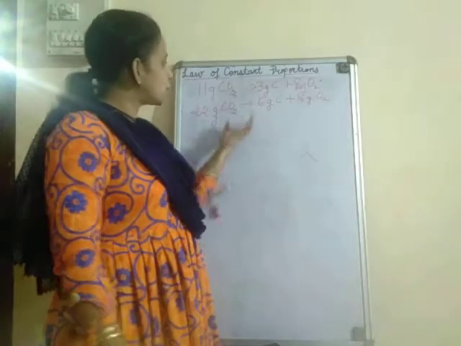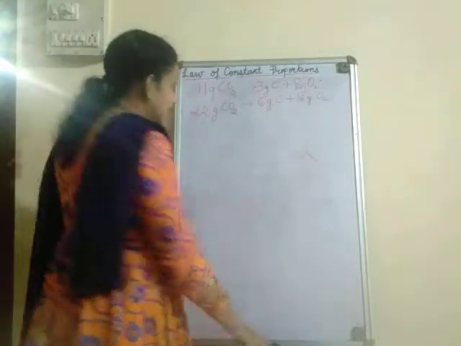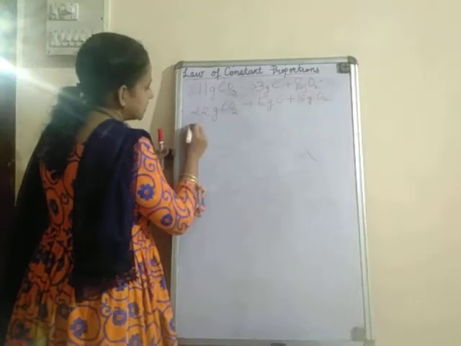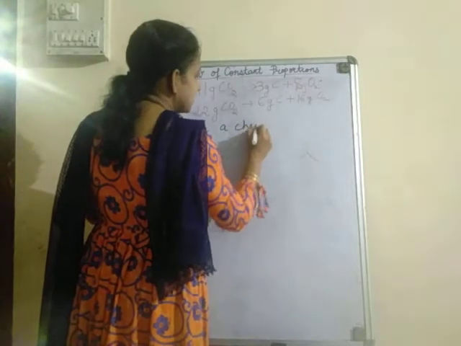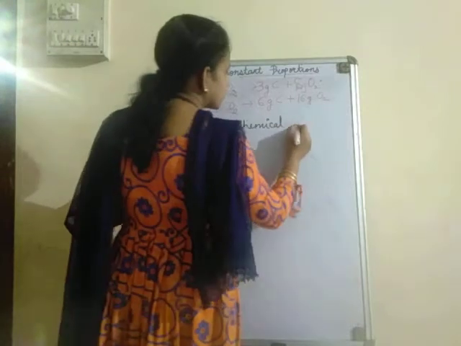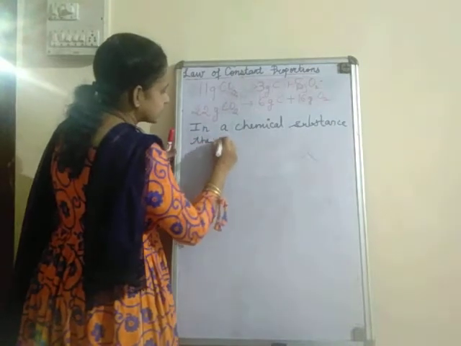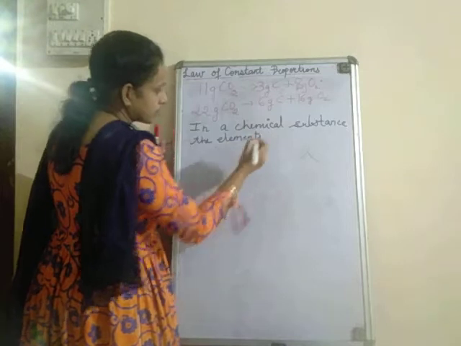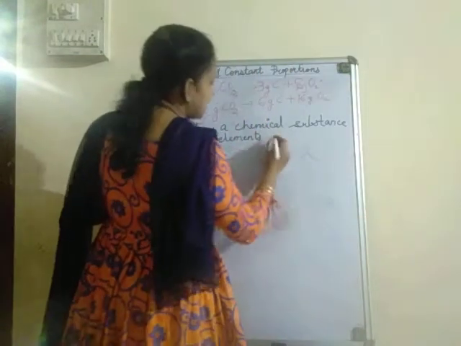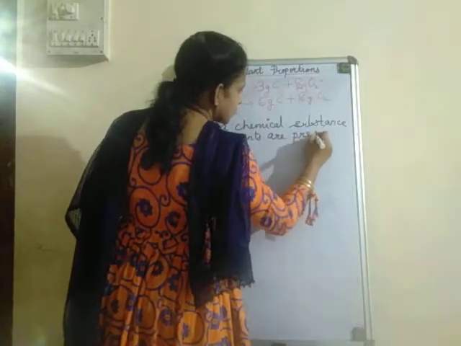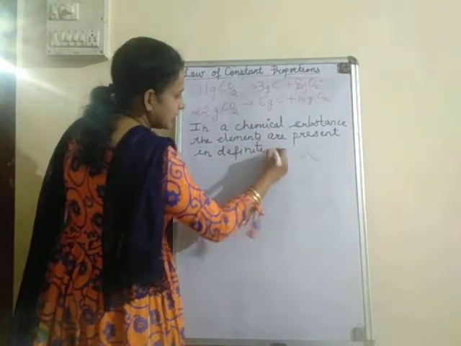He made these observations and he gave his law of constant proportions, which says that in a chemical substance, the elements are present in definite proportion by weight.